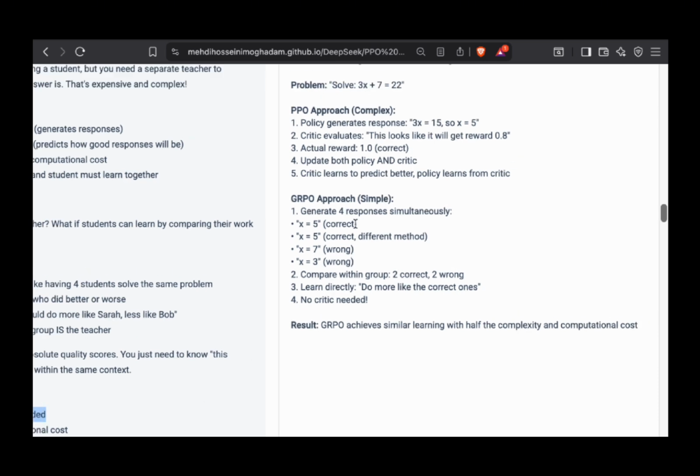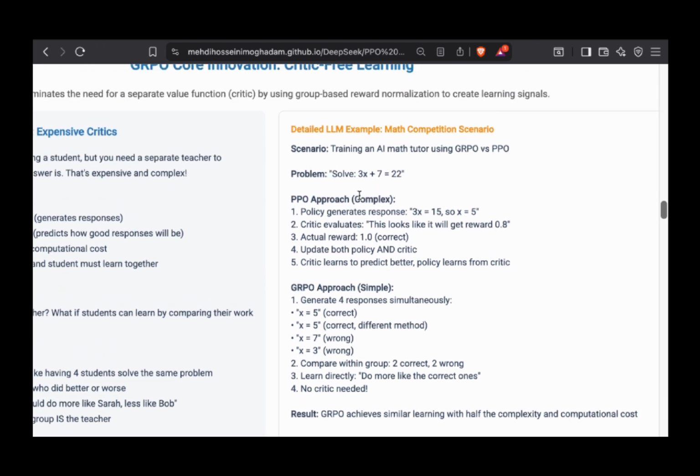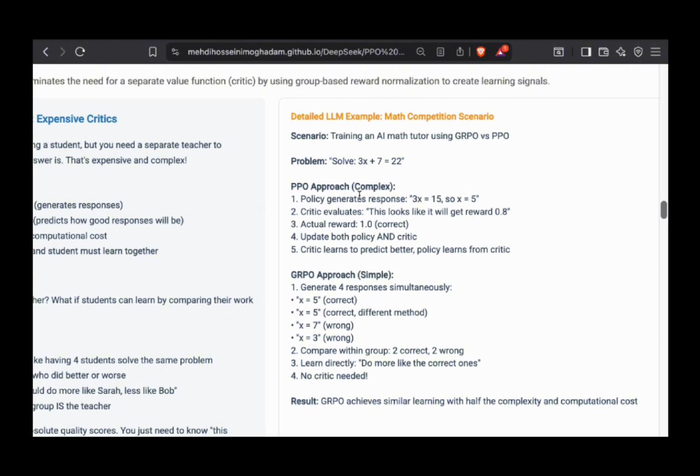So let's see an example of that. What would that be? A scenario and a problem, and PPO's approach and GRPO's approach. The scenario is training an AI math tutor using GRPO and PPO. The problem or the prompt is: solve 3x + 7 = 22.